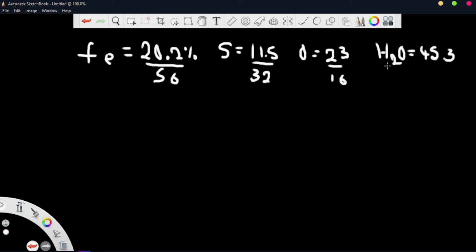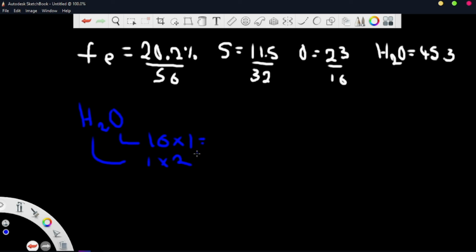Now you have been given hydrogen. When finding the mass of hydrogen, we know it is in H2O. This is why I said molar mass. Oxygen here is 16, and we've got only one atom, so it's times 1. Then hydrogen, mass 1 times how many atoms? 2.